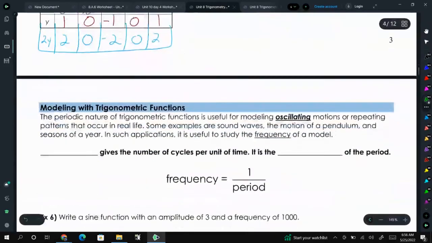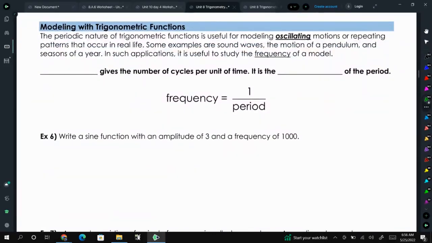All right, now on the next page here, we got a word problem. It says the periodic nature of trigonometric functions is useful for modeling oscillating motions or repeating patterns that occur in real life. So like if you have a tower fan that goes back and forth, it rotates, that's an oscillating motion. Some examples of this are sound waves, the motion of a pendulum, and the seasons of a year.